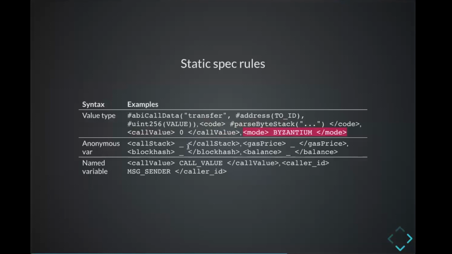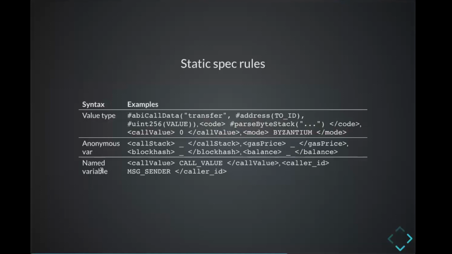We just care that it's constant. So for example, the gas price, that actually doesn't have an effect once the execution has started. And then some network information, such as the hash of the last 256 blocks, balance of an account, say, and so on.